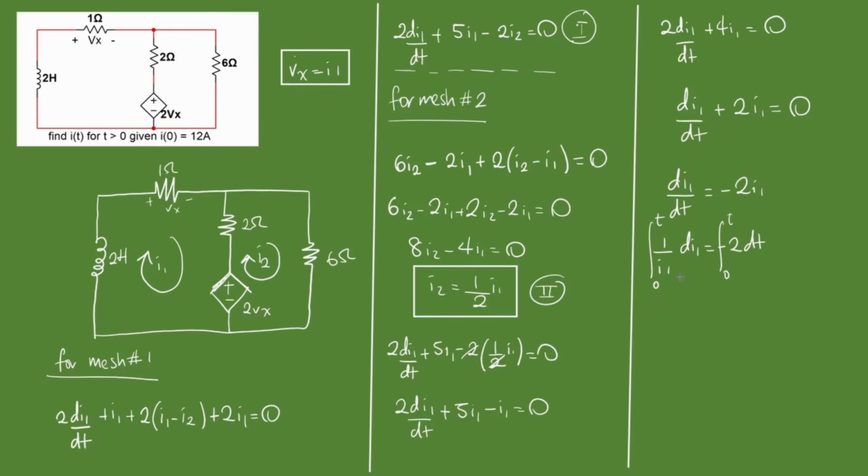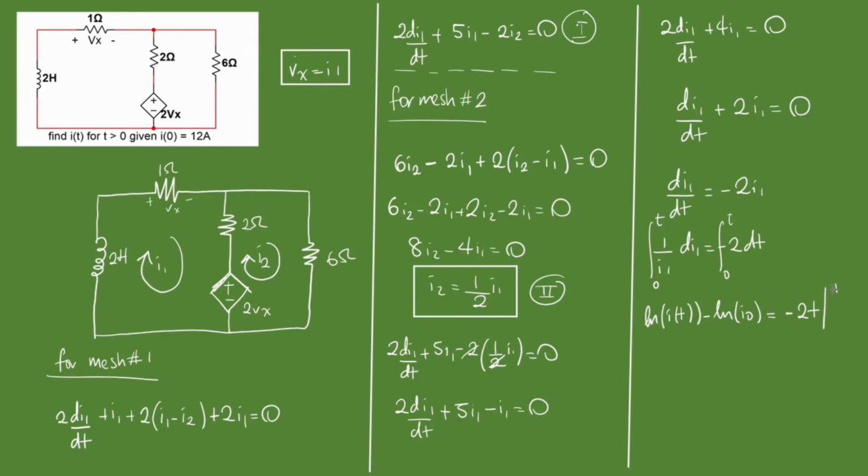So that's going to give us ln I of t minus ln I0 is going to be equal to minus 2t.